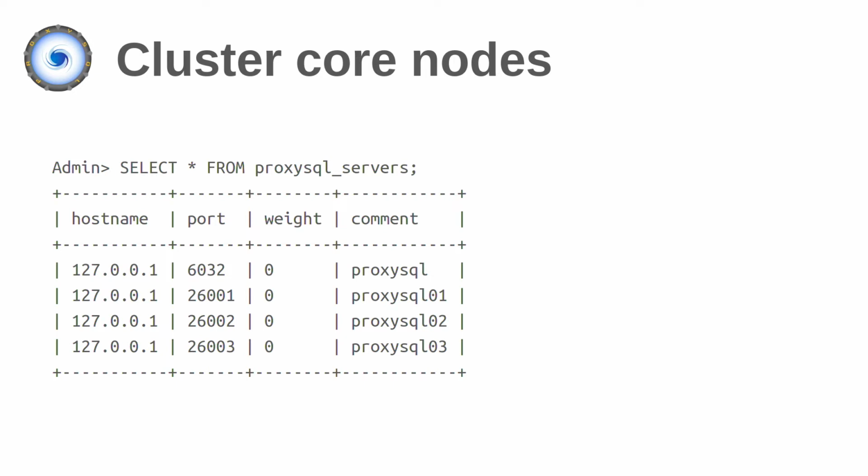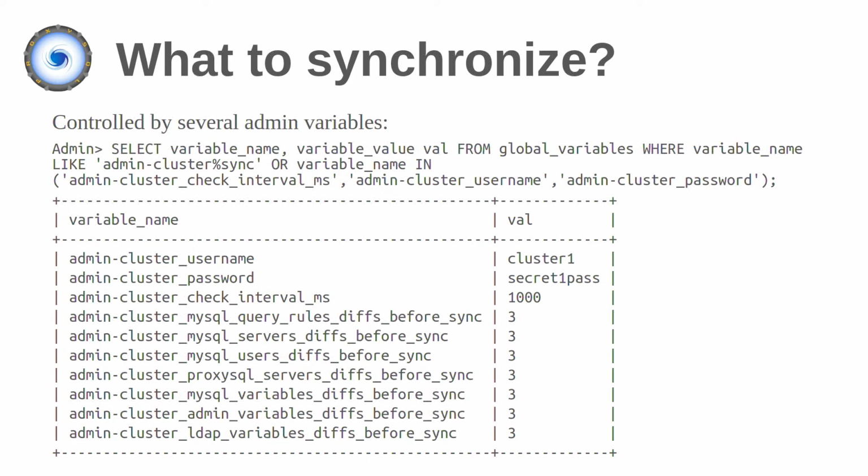So you can have multiple proxies on different ports, and they are still able to synchronize between each other. Now, there are a lot of variables that define how the nodes in a ProxySQL cluster are able to synchronize. This is not the full list of variables related to ProxySQL cluster, but they are the more important ones.